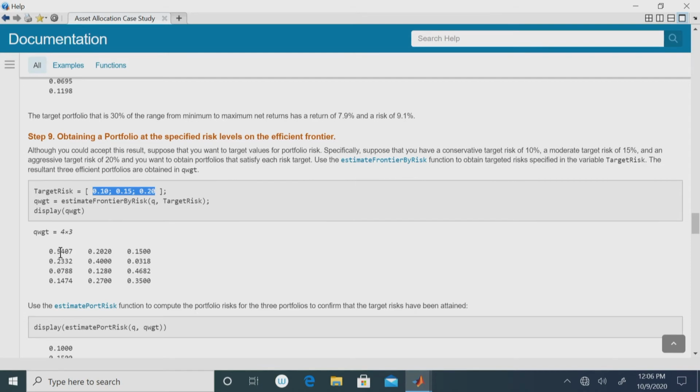As you can observe very carefully, if you are risk averse at 10%, obviously you put a large amount of money in the bonds, that is more than half of your money is in bonds.